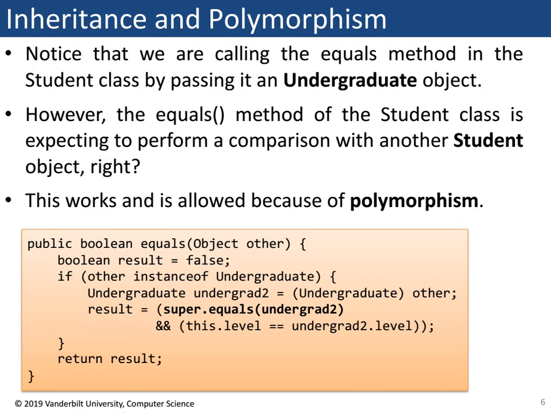So we're passing the equals method in the student class an undergraduate object, and we're going to compare to see if it is a student object. Why is this going to work? The answer is because of polymorphism, because an undergraduate object is a student object. So instanceof will return true when we check to see if an undergraduate object is an instance of student.